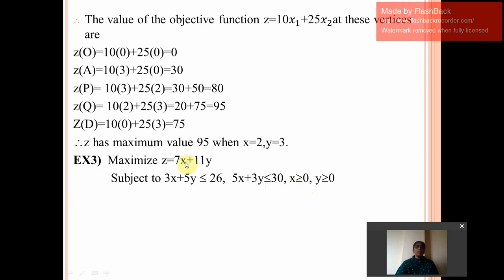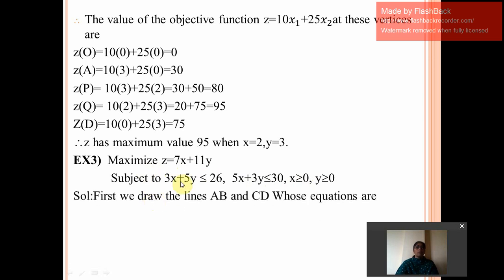To determine the value of x and y, find maximize value. Two constraints can be written in equation form. 3x plus 5y is equal to 26.